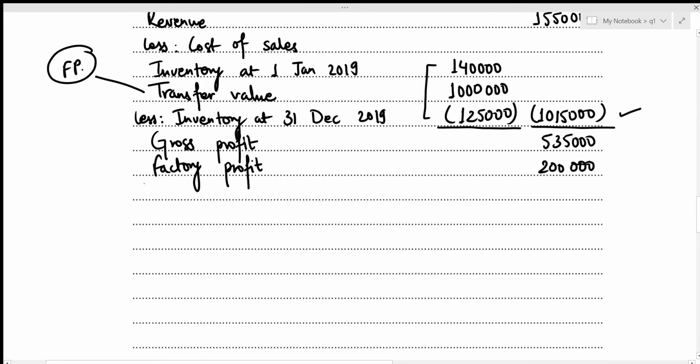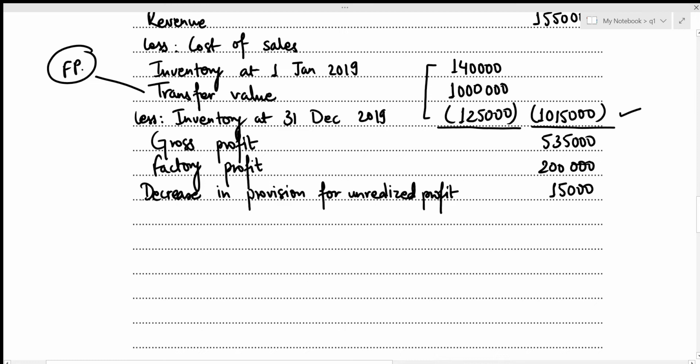So that's a decrease in provision for unrealized profit, and this amounted to 15,000, so we're just going to add it. Okay, that concludes all of our income.